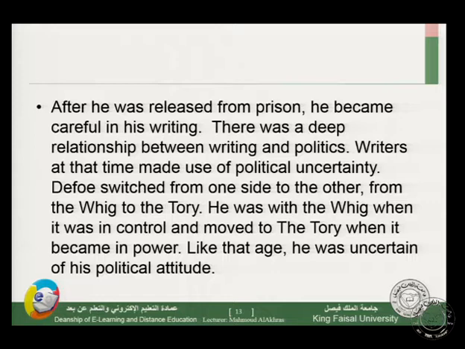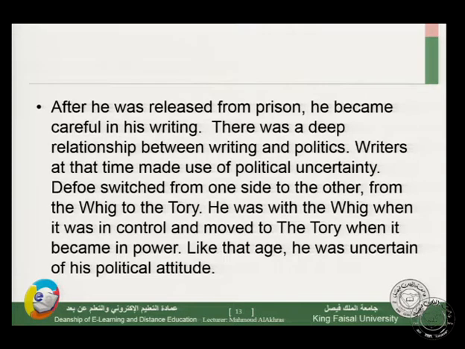Defoe switched from one side to the other, so we can sense his political view at that time, from the Whig to the Tory, and from the Tory to the Whig. He was with the Whig when it was in control, and moved to the Tory when it came to power.